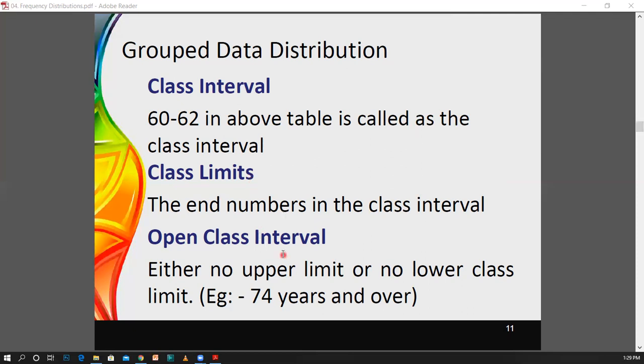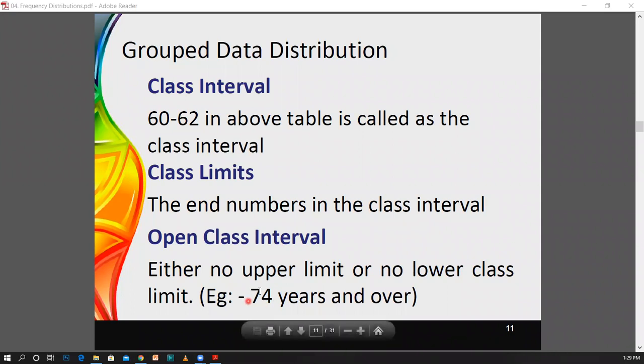For some classes, there may not be any upper bound, or sometimes there may not be a lower bound. As an example, if you are dealing with a data set with the ages of people, you may group all the people who are aged greater than 74 as one class.